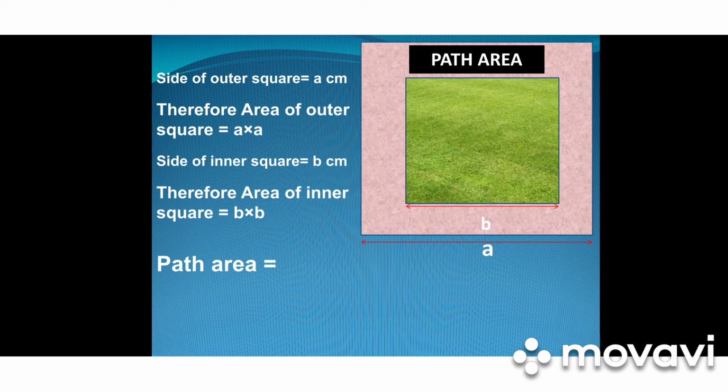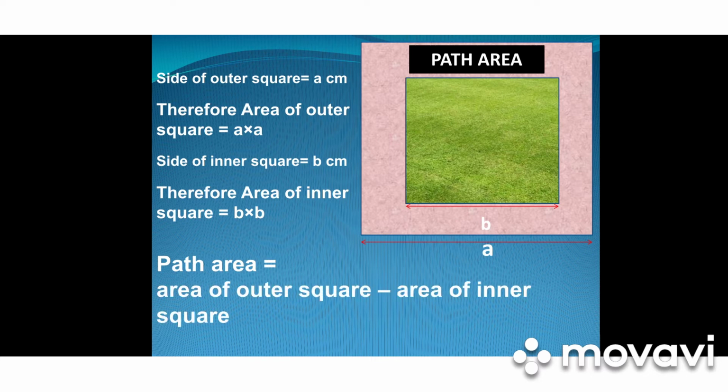Yes, look here. Path area is area of the outer square minus area of the inner square. From above, area of the outer square is a into a minus area of the inner square is b into b. From this you can find the area of the path around your square lawn.